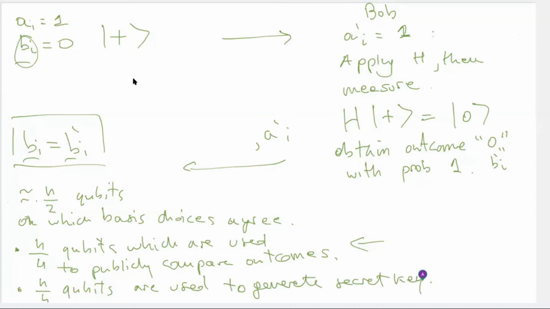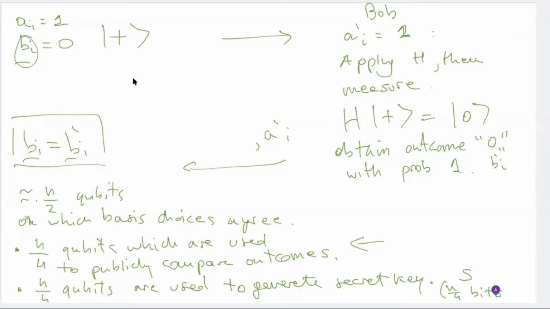So the outcomes for these n/4 qubits, on which the bases had agreed and which were not used to compare and check that the eavesdropper has not tampered, are what Alice and Bob output as the secret key. They don't announce it publicly, they keep it for themselves. And with high probability, this string S now has length n/4.